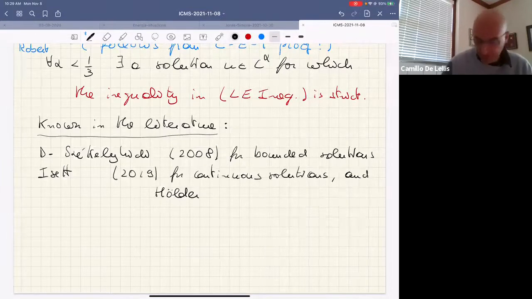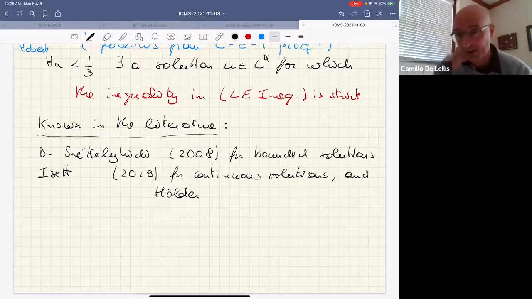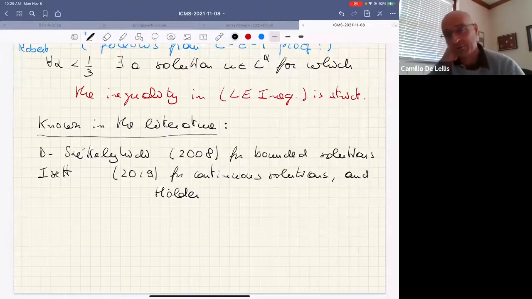As often happens in this type of construction, as I will explain in the remaining part of my lectures, one thing that you can almost immediately see from the technology that we have in the literature is that as soon as you can break the continuous barrier, there is a certain Hölder exponent that you can reach.